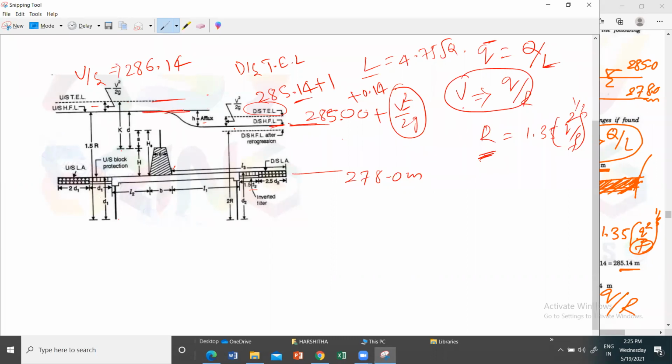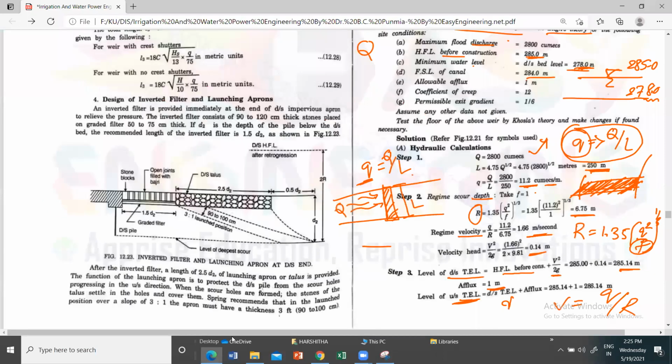After that we can calculate the upstream side total energy line: it will be equal to the downstream side total energy line plus afflux. So we are getting 286.14.